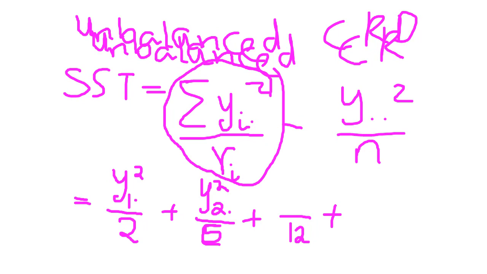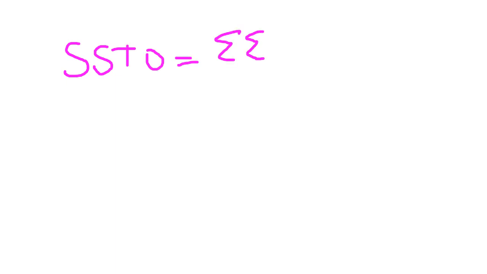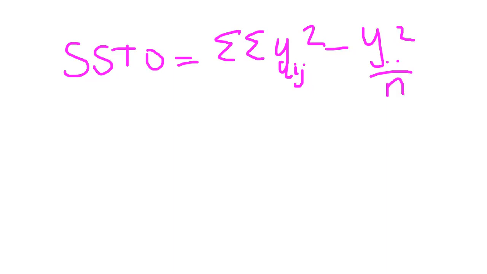And for the total, SSTO is equal to the double summation of yij squared minus y dot squared, divided by n. That's all.